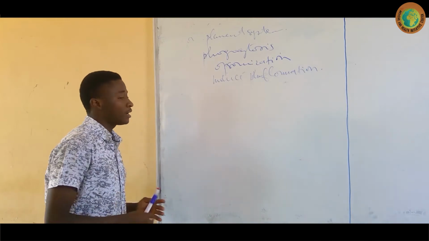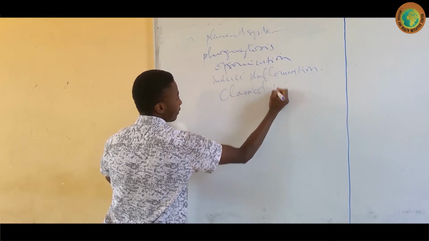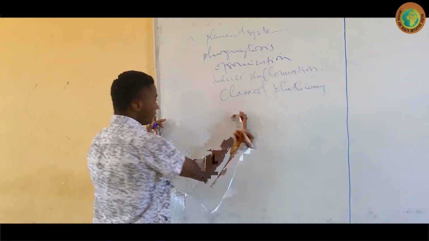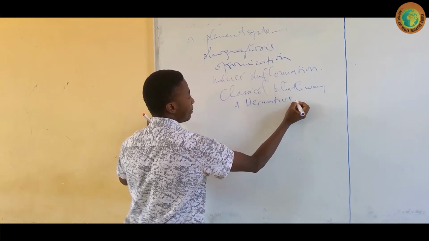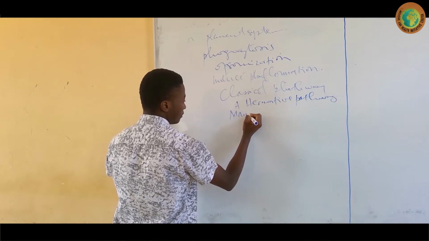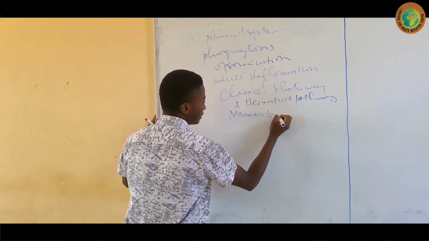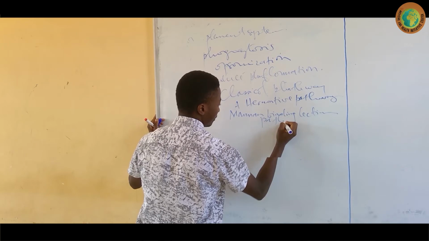It's about 3 pathways, which are the classical pathway, the alternative pathway, and the mannose-binding pathway. We focus on the classical pathway as the first step, and we are going to look at the mechanism.